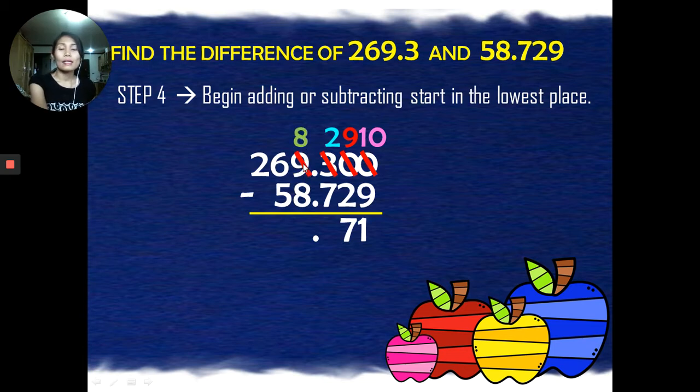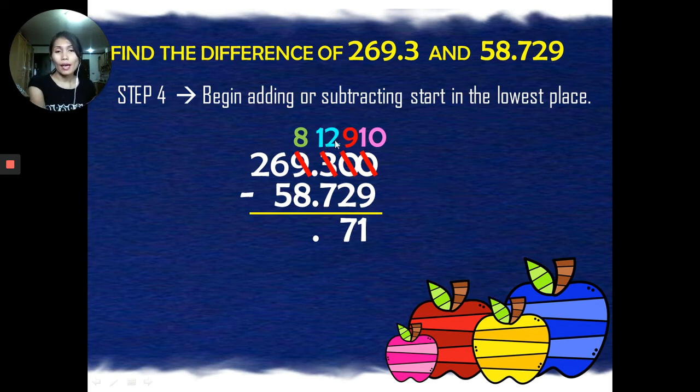As I've said, every place is 10 times greater, right? So that means we will not just borrow 1 from 9 here, but we will borrow 10. So 10 plus 2 is 12.